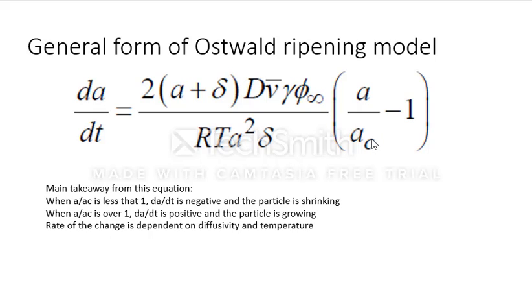When a over a_c is over 1, this is going to be positive, and the particle is going to increase over time. Also worth noting is that the rate of change is dependent on the temperature and the diffusivity. So this is going to be different based off how miscible different compounds are within each other and how hot they are.